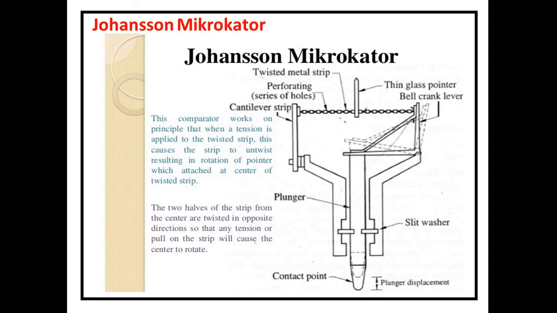After that we have seen the various types of mechanical comparators, such as the dial gauge, Sigma comparator and Johansson microcator. So today we will stop here, and we will continue with the other types of comparator in the next lecture.